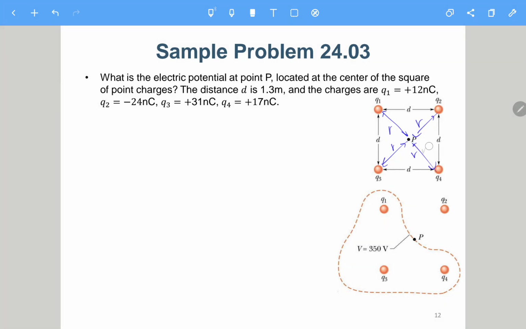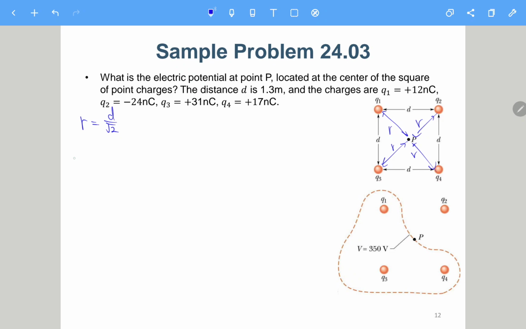So r should be d over square root of 2, because all the triangles are right angle triangles, and this side equals this side. So this square plus this square equals this square, and so r is d over square root of 2.